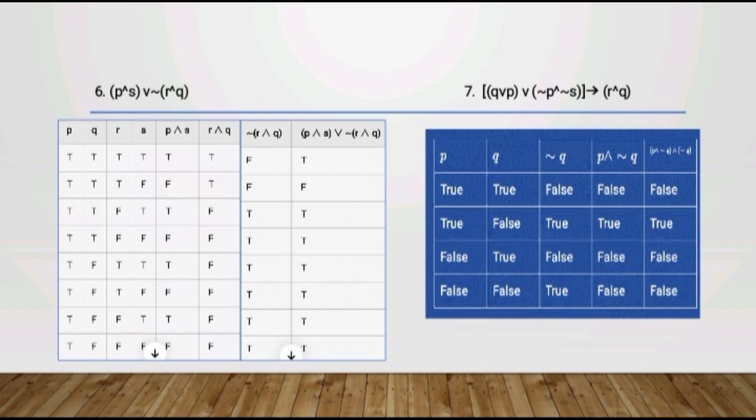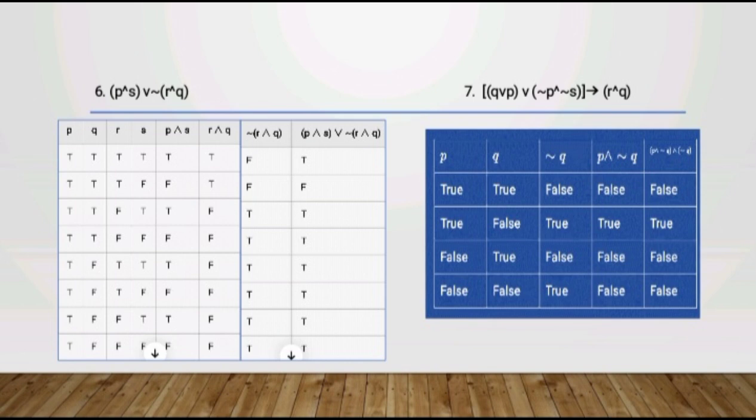Number 6. P and S, R and Q. Table. P: true, true, true, true, true, true, true, true. Q: true, true, true, true, false, false, false, false. R: true, true, false, false, true, true, false, false.